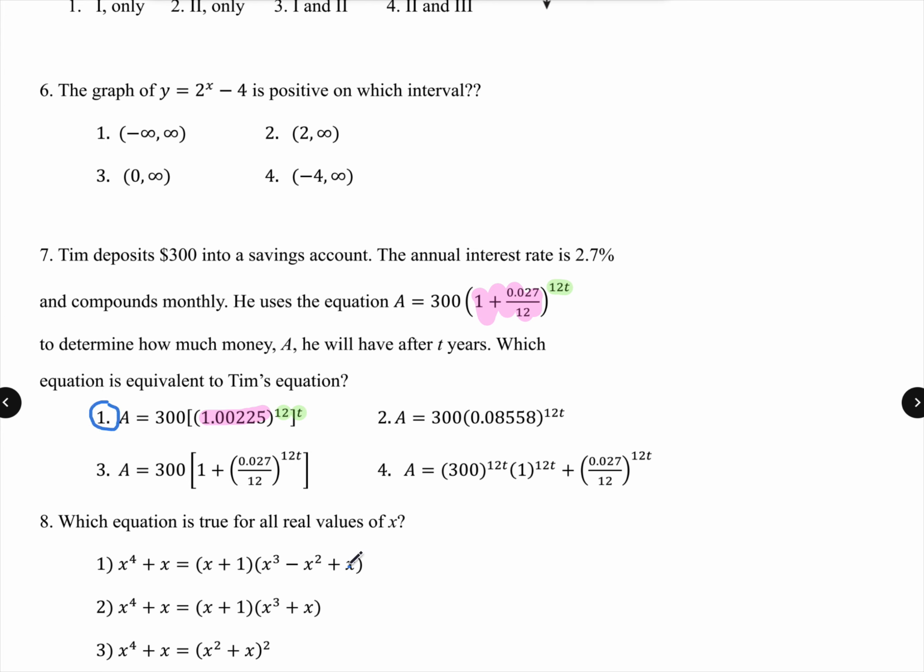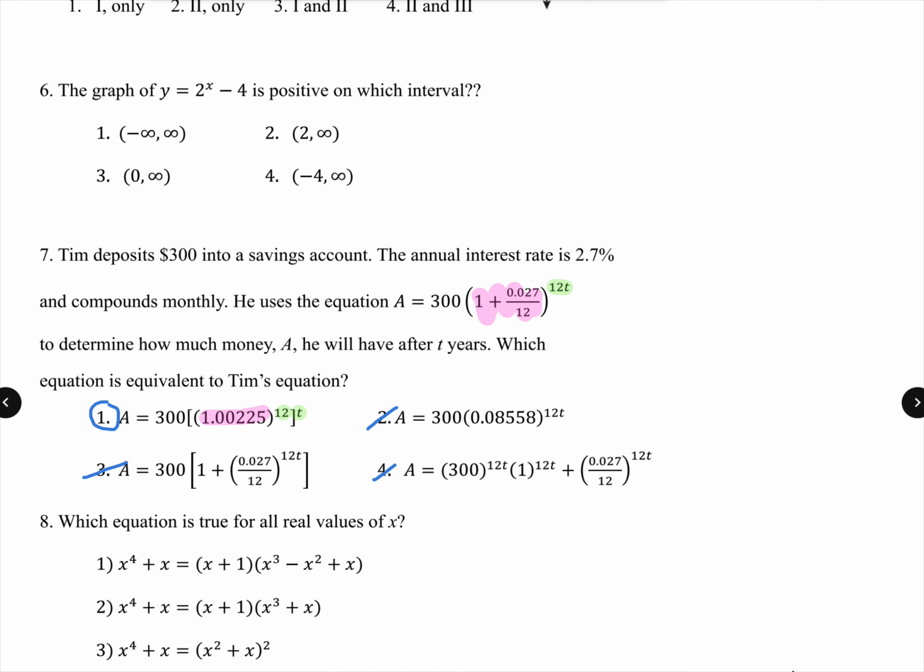This one here wouldn't work because you're adding, not subtracting. You're getting a number smaller than one. Doesn't work. Over here, you have to know that this 1 is also being raised to the 12t power. They brought it out of the parentheses, no. And here, the 300 is definitely not being raised to this 12t, so you know that one also doesn't work.